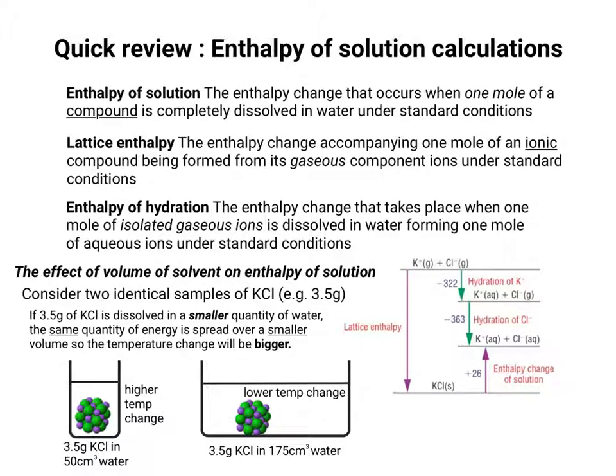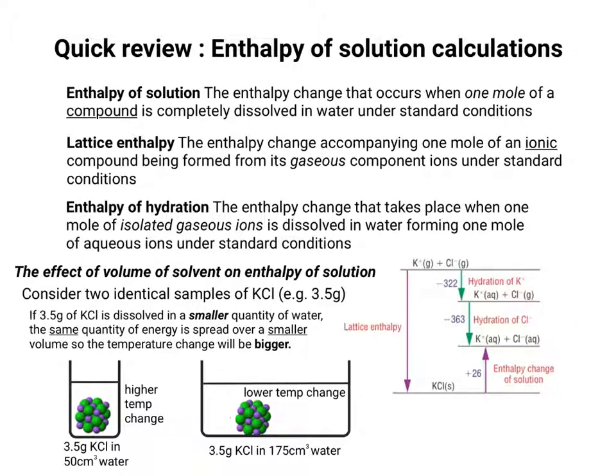So if your 3.5 gram sample of potassium chloride is dissolved in a smaller quantity of water, the same quantity of energy that's transferred as a result is spread over a smaller volume, so the temperature change will be bigger. Then if you put a separate but identical 3.5 gram sample of potassium chloride in a larger volume of water, it's a lower temperature change because the same quantity of energy is now spread over a bigger volume.